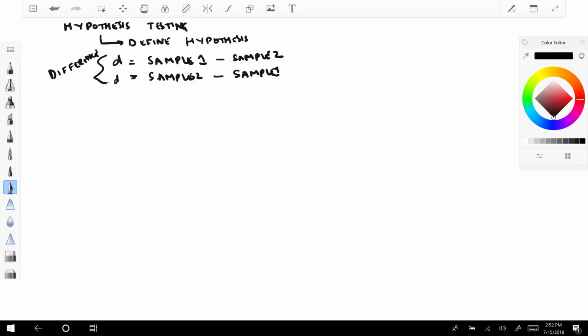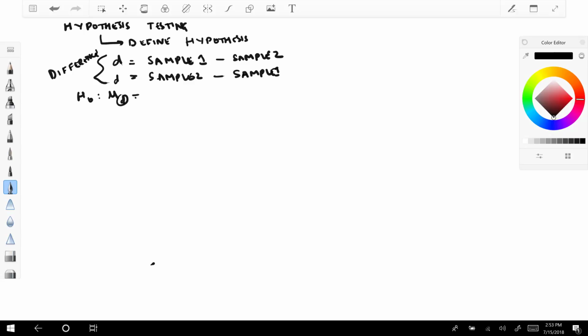So once you do that, now you have to define your null hypothesis. This is given by mu d equal to 0, again representing d for paired difference.